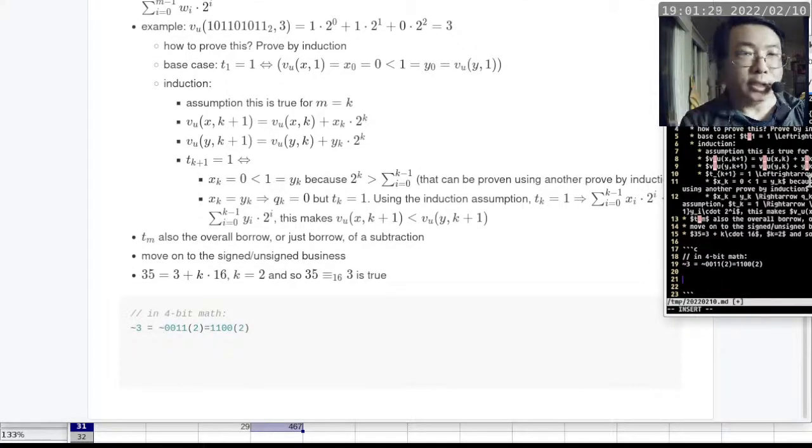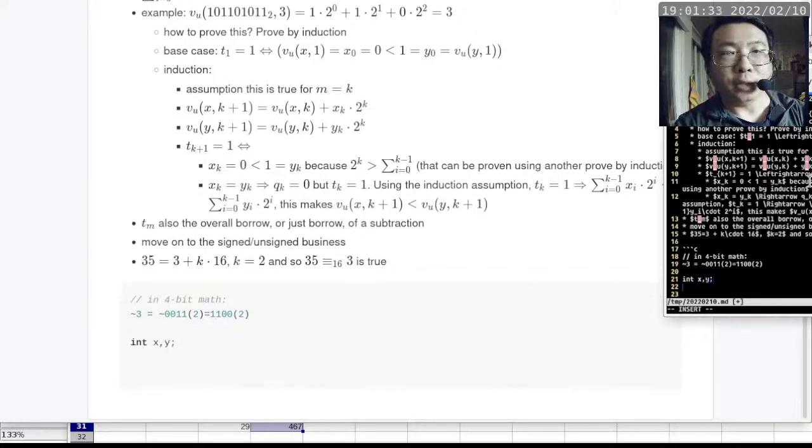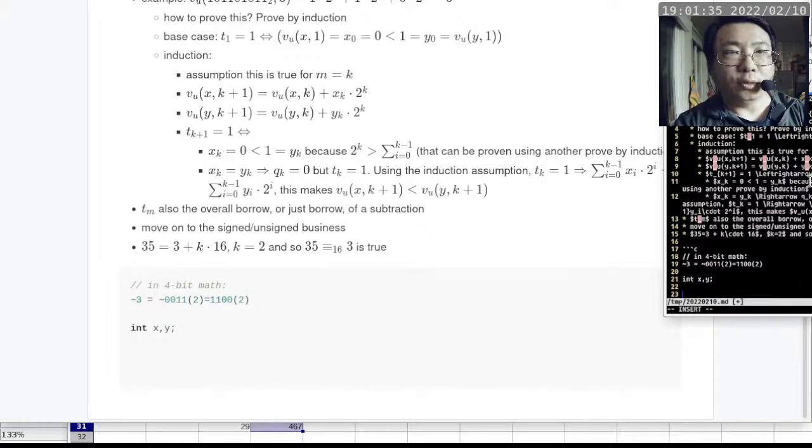So in a C program, we have integer x and we have integer y. If you look at the expression x minus y, it really gives you the same value as x plus the arithmetic negation of y, but not using arithmetic negation.